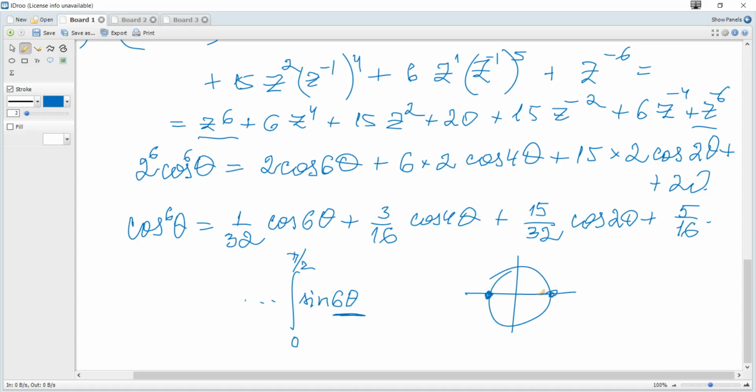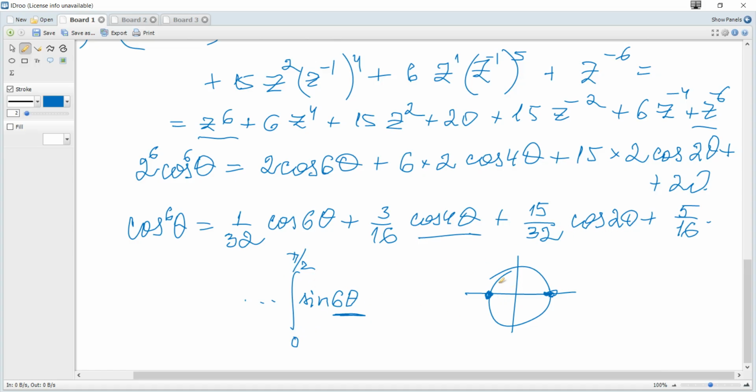and sine of 0. So you get points somewhere here, and you can notice that for the other cosine, you will get sine of 4 theta, and it becomes 4 times pi over 2, which is 2 pi, and also 0, 2 pi, it's pi.